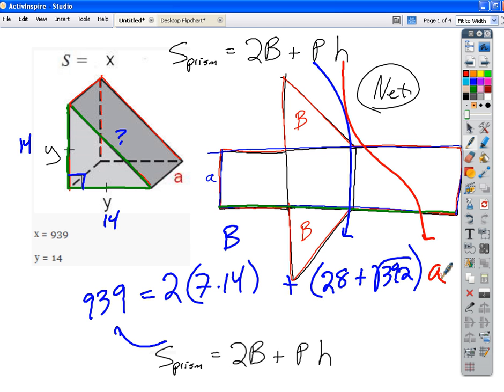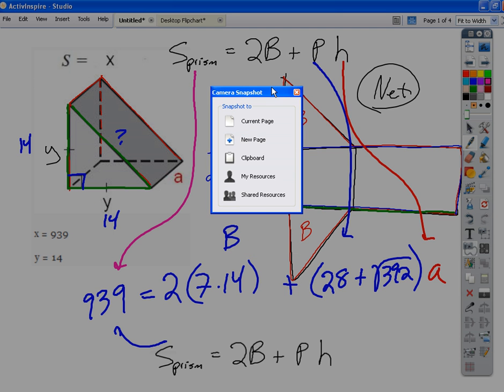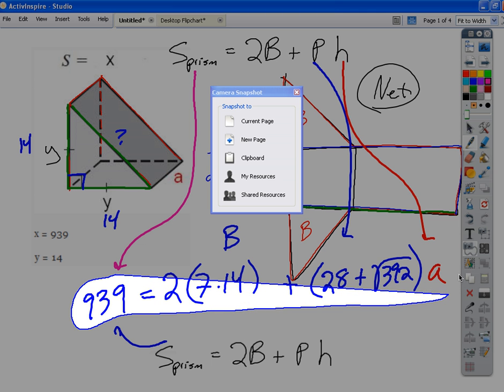Oh, and let's not forget this. The surface area was given to us as 939. So now all I'd have to do is solve for A algebraically. So what's that going to look like? Let me grab that equation that we created.